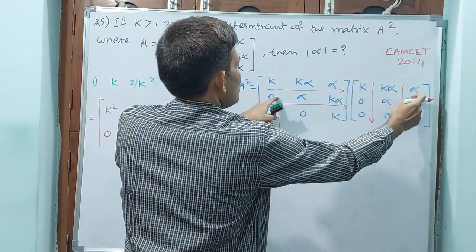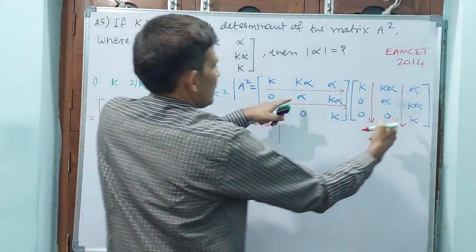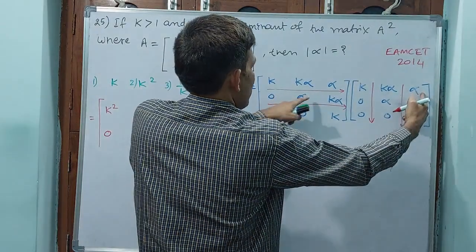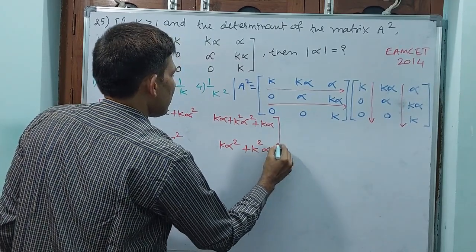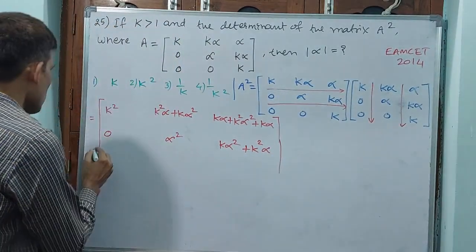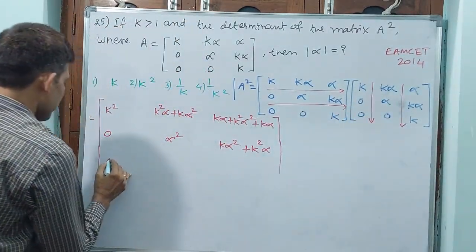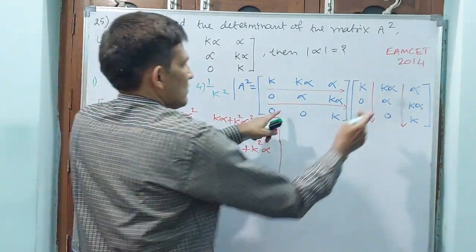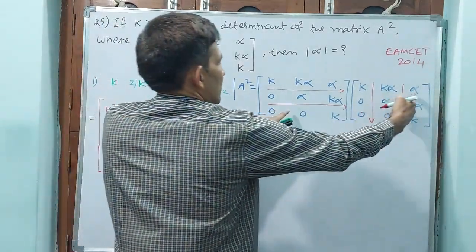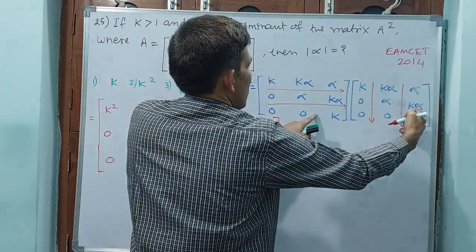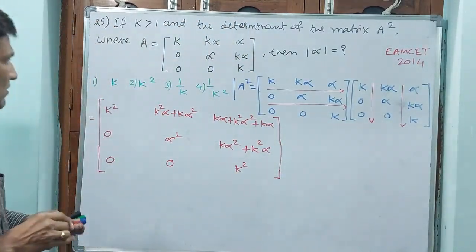Third one: 0, K alpha square, K square alpha plus K square alpha. Now for the third: 0 0 0, this is 0. 0 0 0, this is also 0. 0 0 but K square.